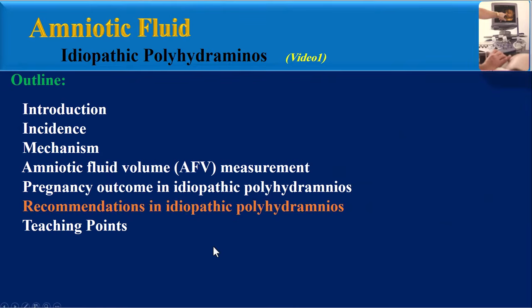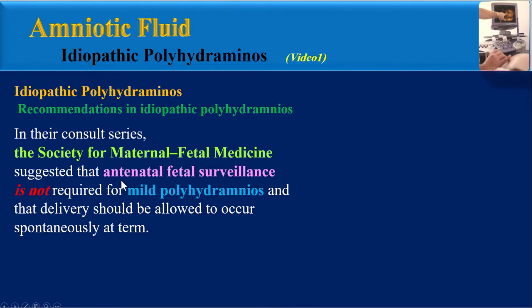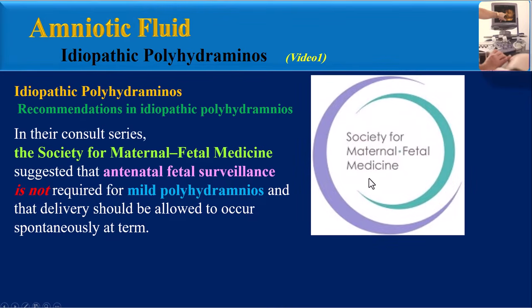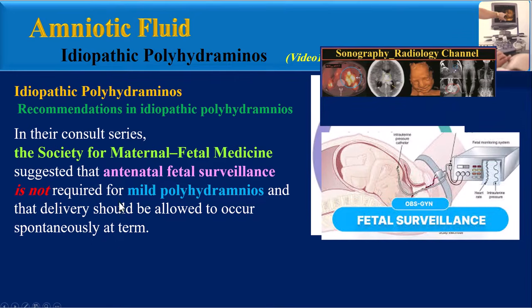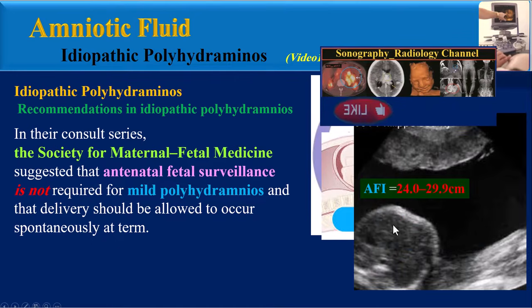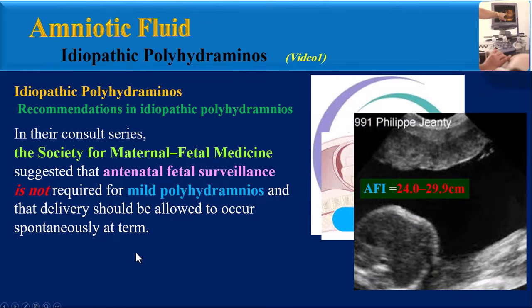Recommendations in idiopathic polyhydramnios. In their consult series, the Society for Maternal-Fetal Medicine suggested that antenatal fetal surveillance is not required for mild polyhydramnios, and that delivery should be allowed to occur spontaneously at term.